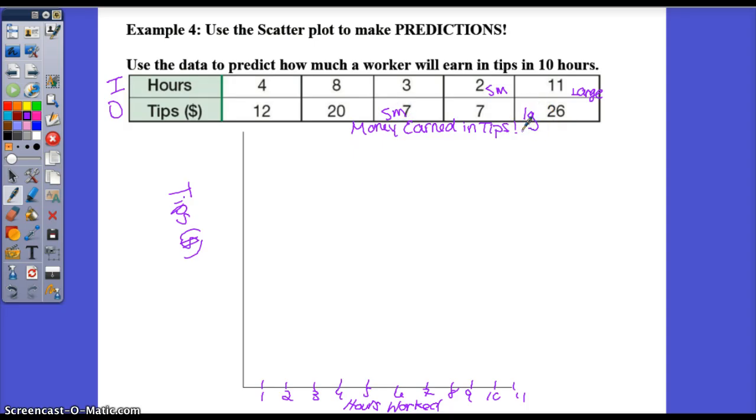So I might want to go by something a little bit bigger. That's 19. Since it's 19, it's a little less than 20. Let's go by maybe 2s. So we have 0 still here. 2, 4, 6, 8, 10, 12, 14, 16, 18, 20, 22, 24, 26, 28, and 30.